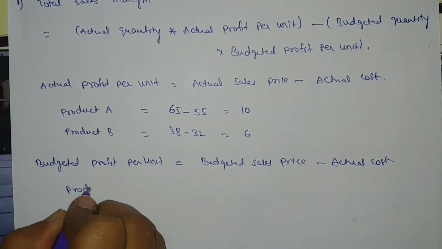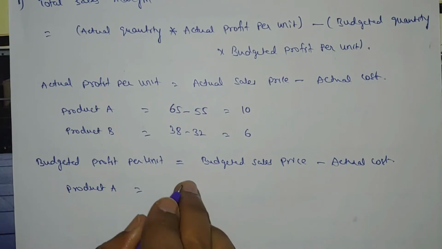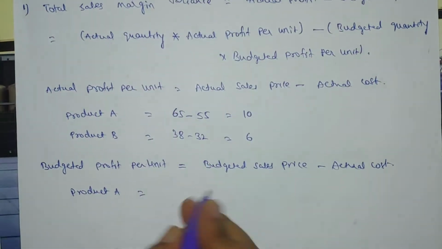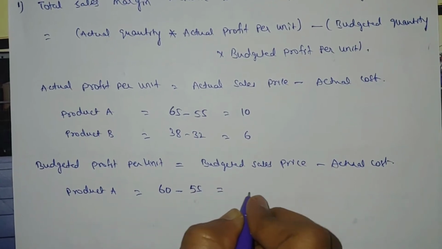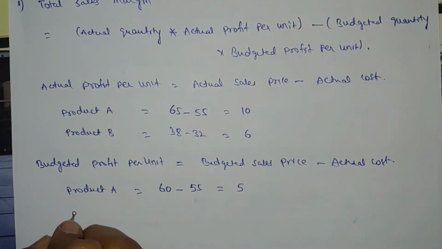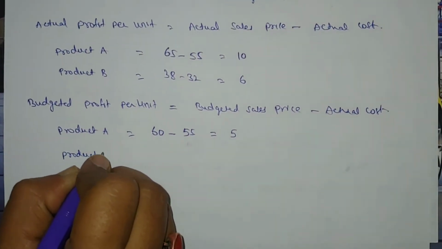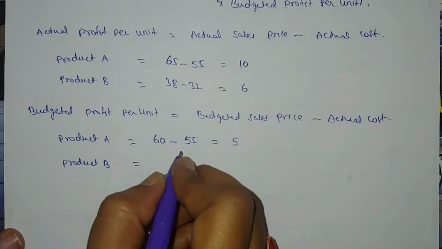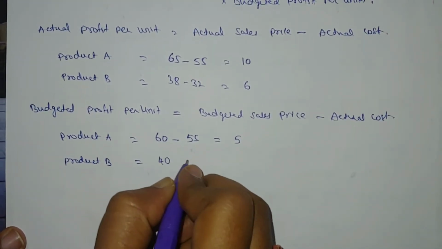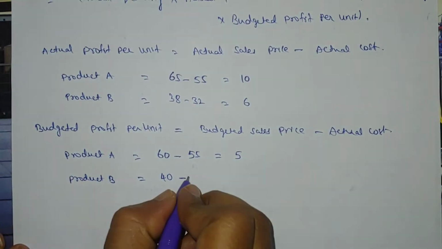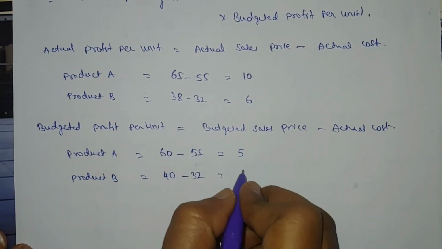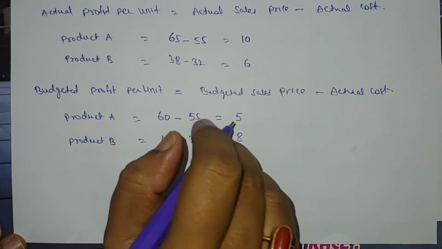Product A: budgeted sales price is equal to 60 rupees minus actual cost 55, equal to 5. Next, product B is equal to 40 budgeted sales price minus actual cost 32 rupees. 40 minus 32 is equal to 8 rupees.